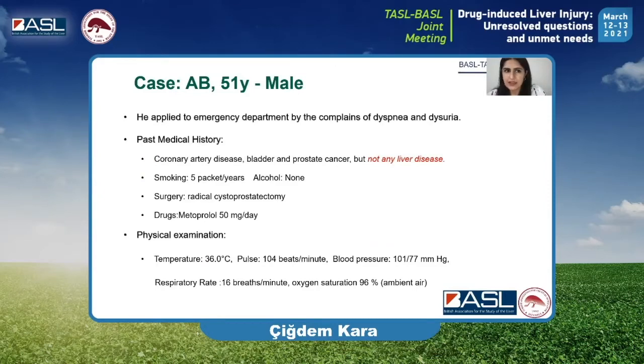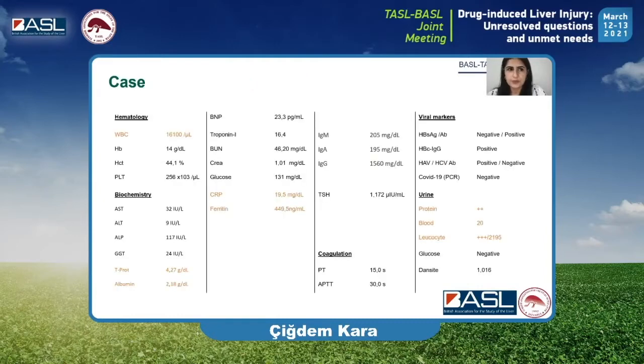A 51-year-old male presented to the emergency department with complaints of dyspnea and dysuria. Past medical history was significant for coronary artery disease, bladder and prostate cancer, but no liver disease. Smoking 5 pack-years, no alcohol consumption, surgery radical cystoprostatectomy, drugs metoprolol 50 milligrams per day.